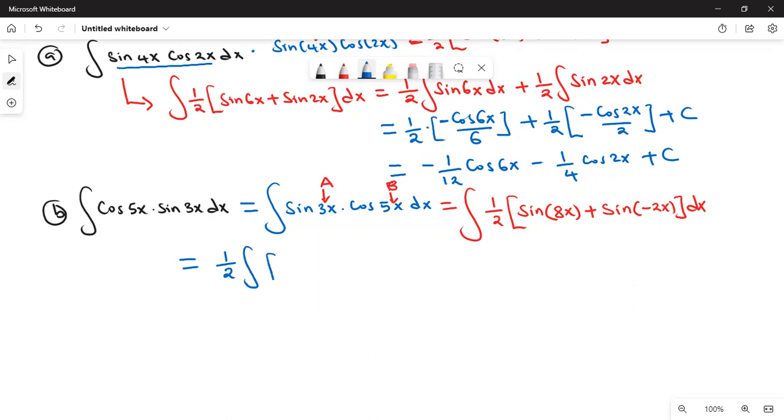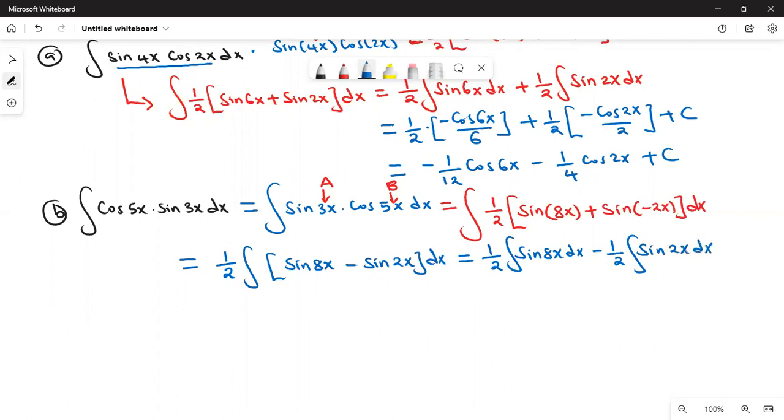So we have the integral of sine 8x minus sine 2x dx, which you can also write as 1/2 the integral of sine 8x dx minus 1/2 the integral of sine 2x dx.